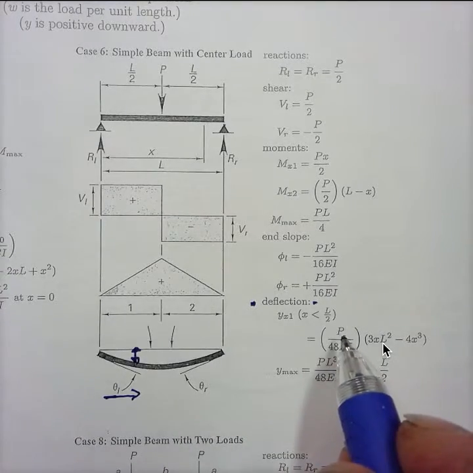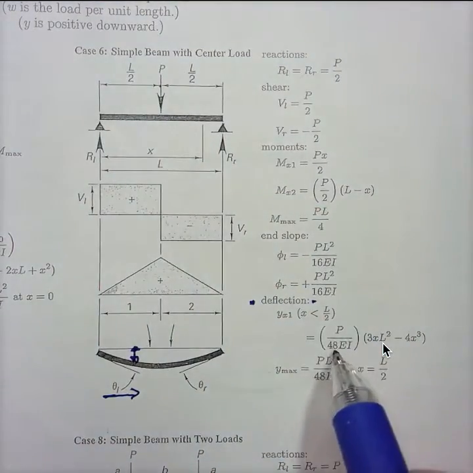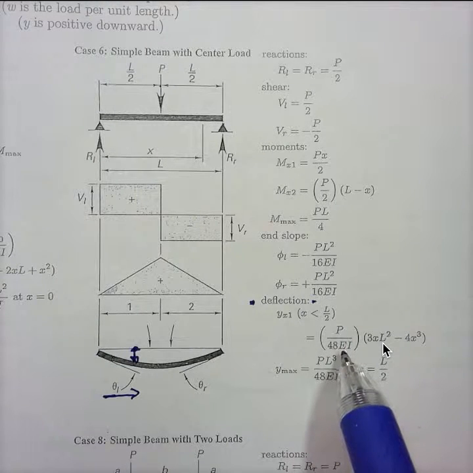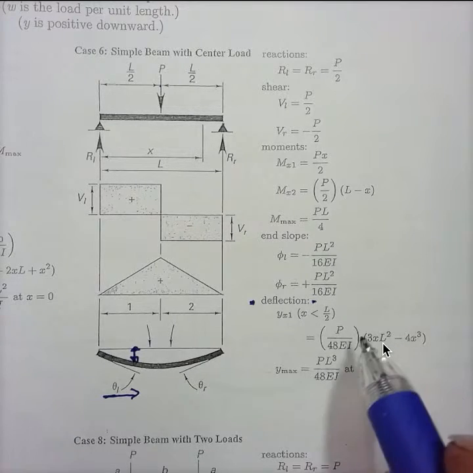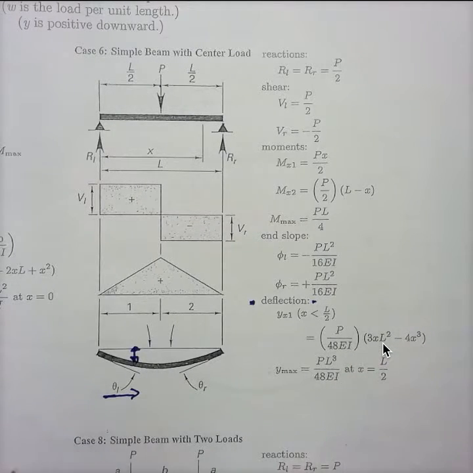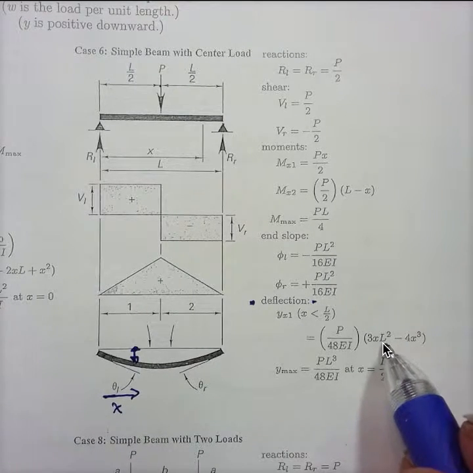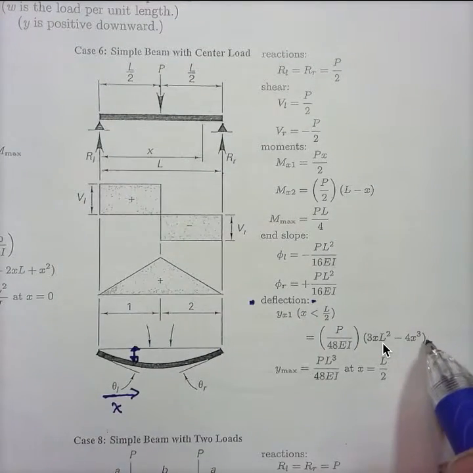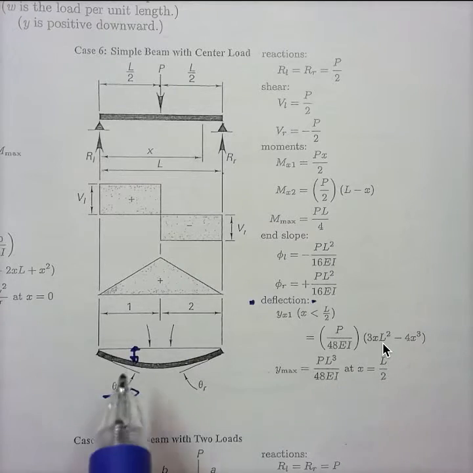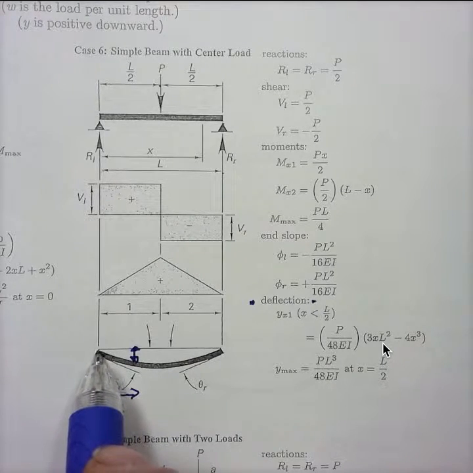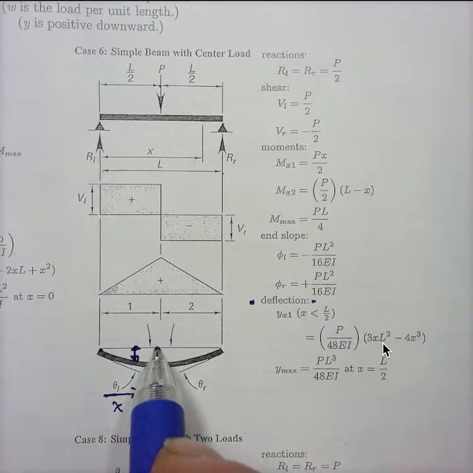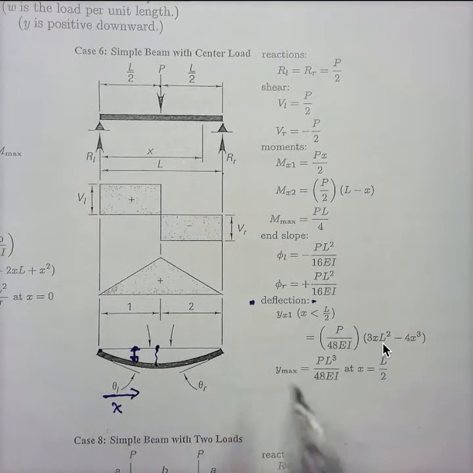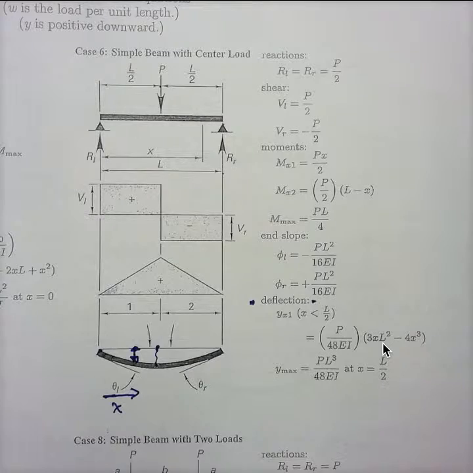It's going to equal P, which is that concentrated load, over 48 E, the modulus of elasticity, I, the moment of inertia, times 3 times x, where x is the distance from the left end, times L squared, that's the entire length, minus 4x cubed. So that would give you the deflection at any point from here to there, where we then have some symmetry, and on the other side it's just mirrored.